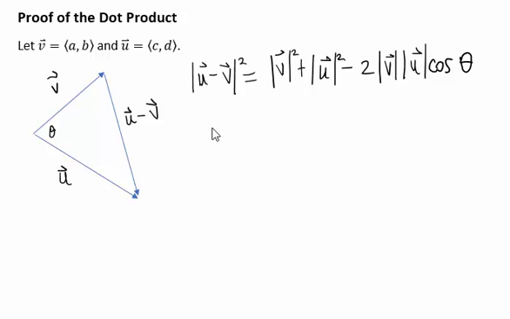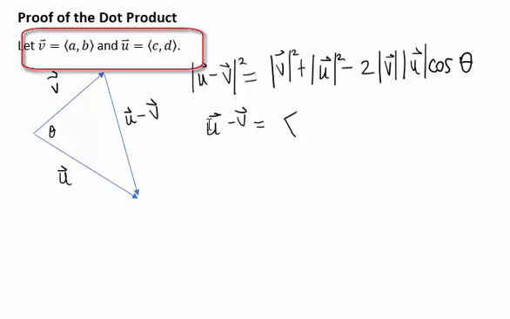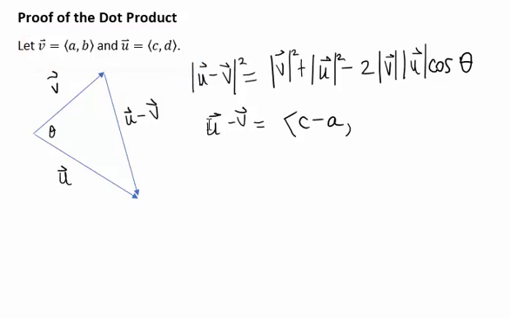Another way that we could write the vector U minus V is with its components, and so we would just subtract the components in this order. And so that would be c minus a would be the horizontal component, and d minus b would be the vertical component.